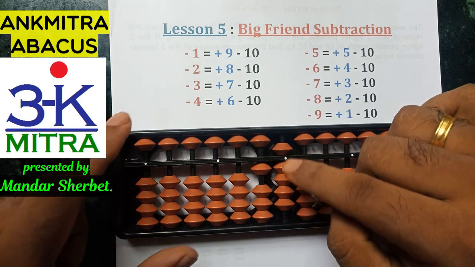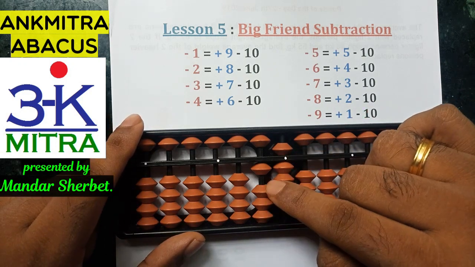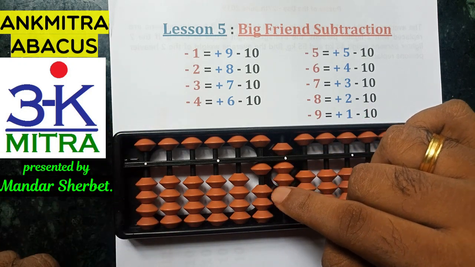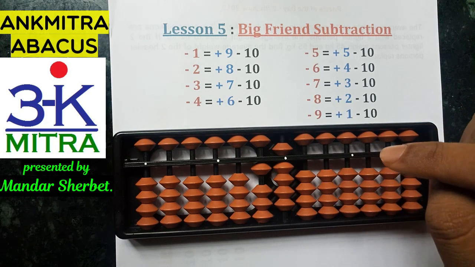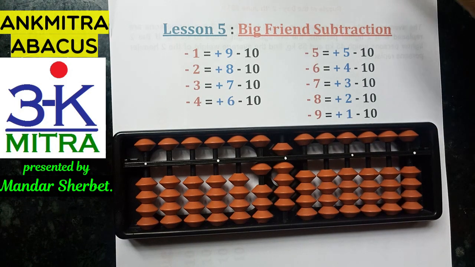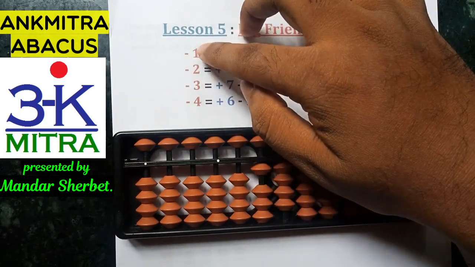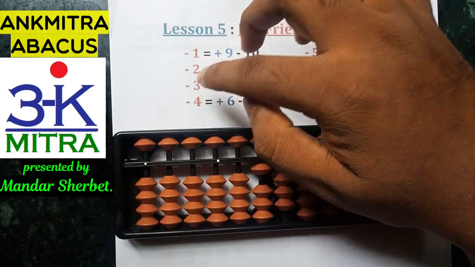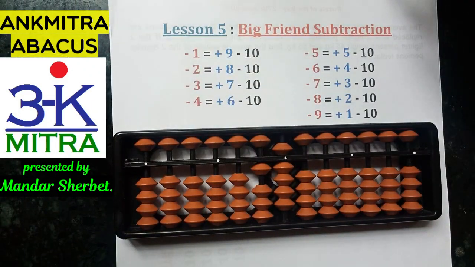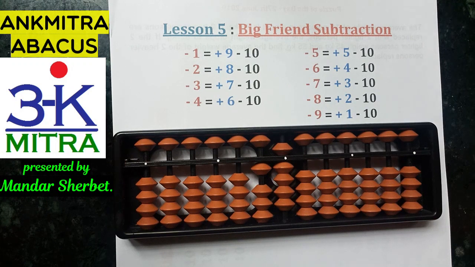So, addition of the big friend combined with the subtraction of 10 from the next left rod. This is the way the big friend is used. So for digits 1, 2, 3 and 4, first check whether we can subtract using the small friend or not, and if it is not possible to use the small friend formula, only then use the big friend formula.